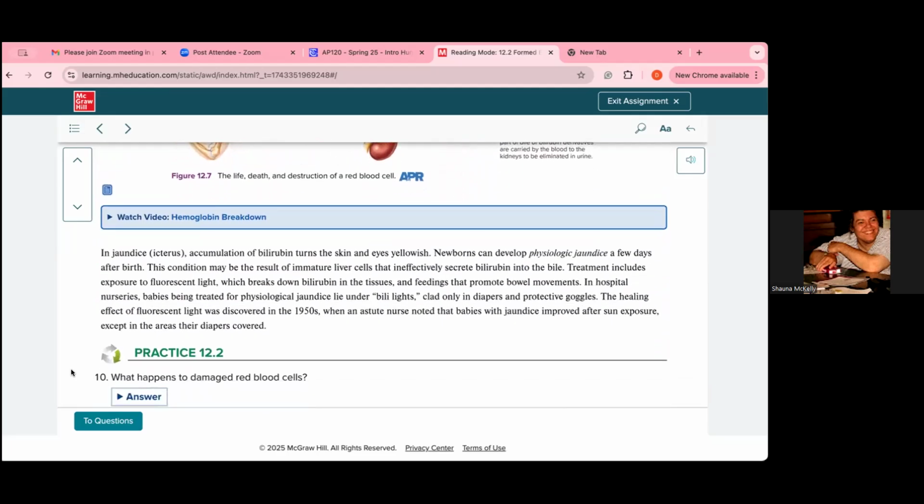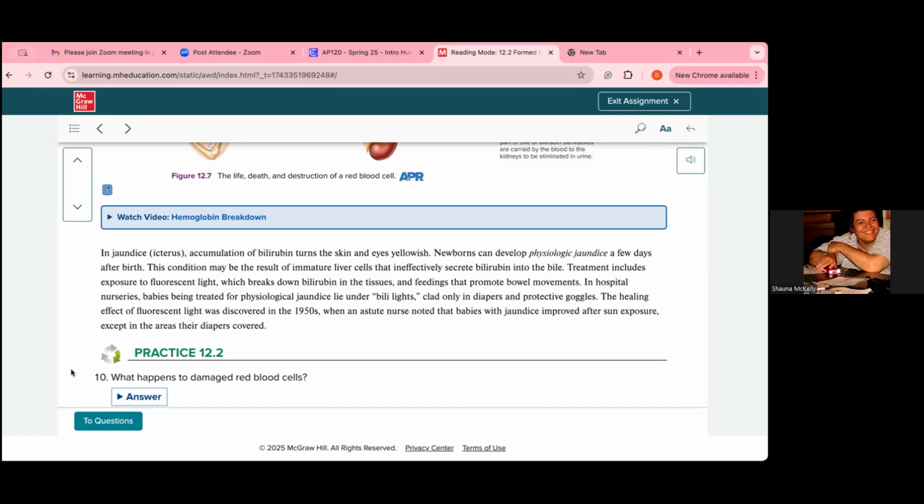Okay, in jaundice, icterus, accumulation of bilirubin turns the skin and eyes yellowish. Newborns can develop physiologic jaundice a few days after birth. This condition may be the result of immature liver cells that ineffectively secrete bilirubin into bile. Treatment includes exposure to fluorescent light, which breaks down bilirubin in the tissues, and feedings that promote bowel movements.